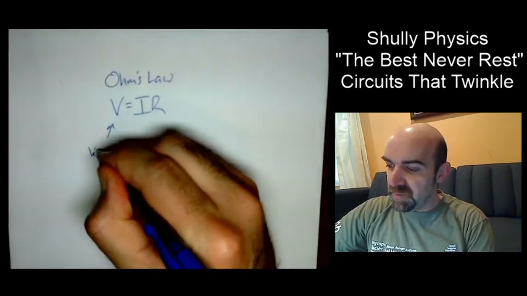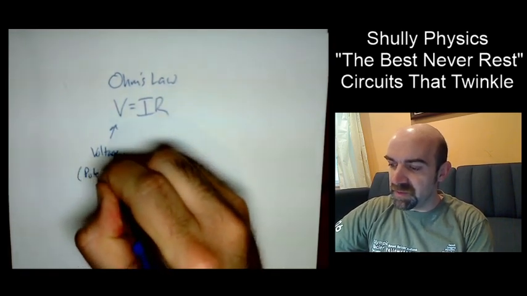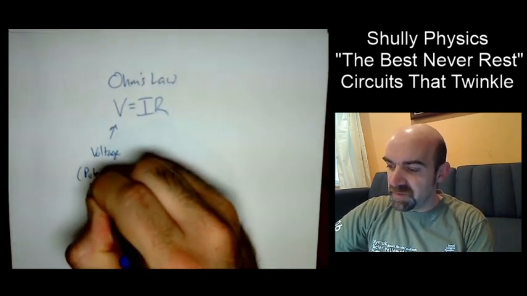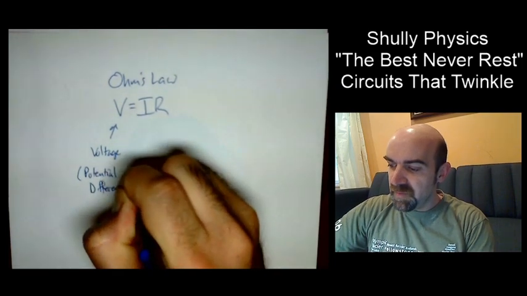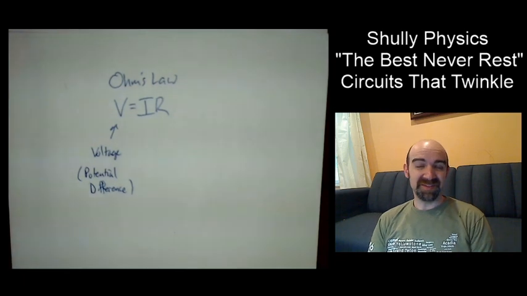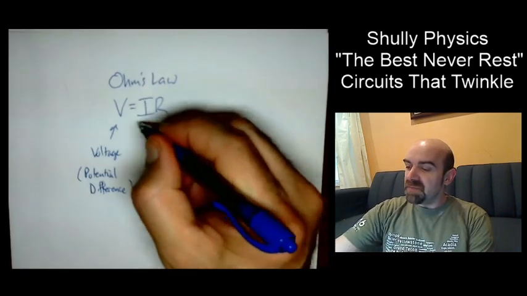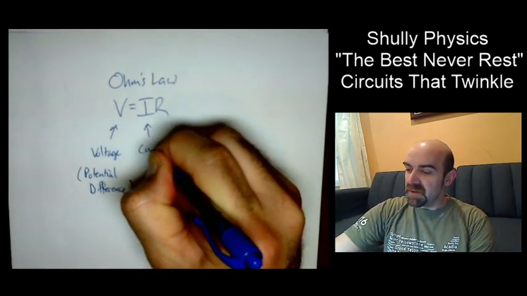V is the voltage. You'll also hear it called potential difference, because voltage makes sense for a battery, but voltage doesn't really make sense for a resistor. However, we can find the potential difference across a resistor, and that would be the voltage value. That equals current, electrical current.